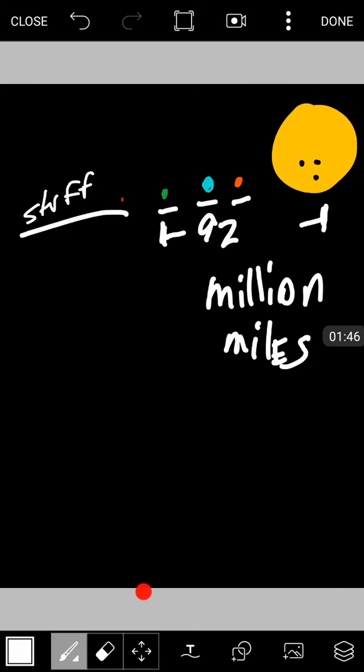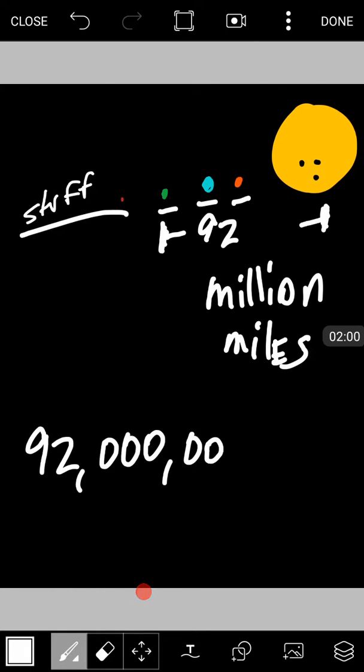So that's how far it is from Earth to the sun, approximately 92 million miles. If I were to do some math with that number, I am lazy. Do I feel like writing all those zeros over and over, especially if I have to multiply that number by like 100 million or billion? That's a lot of zeros you're going to have to write over and over. Okay, ain't nobody got time for that.